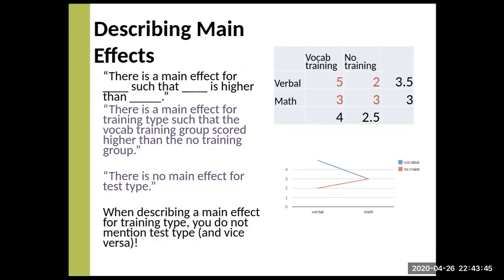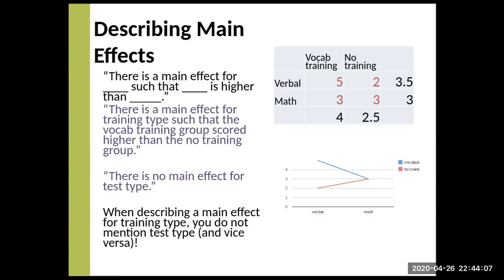And then when you're asking, is there a main effect for test type? We said no, 3.5 and 3 are not different enough from each other. So you would just say in a results section, or how you would describe it, there is no main effect for test type. You don't have to worry because that's saying that neither level is higher or lower than the other one.